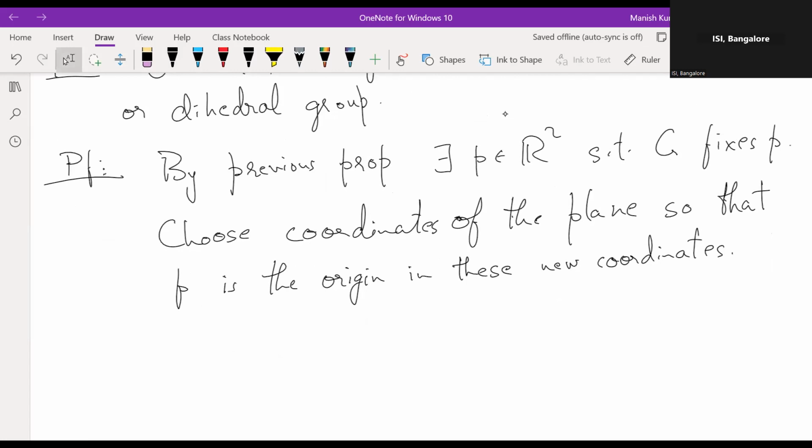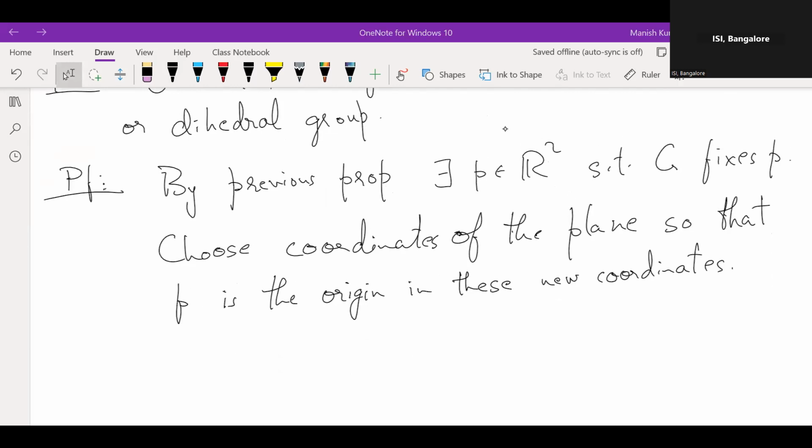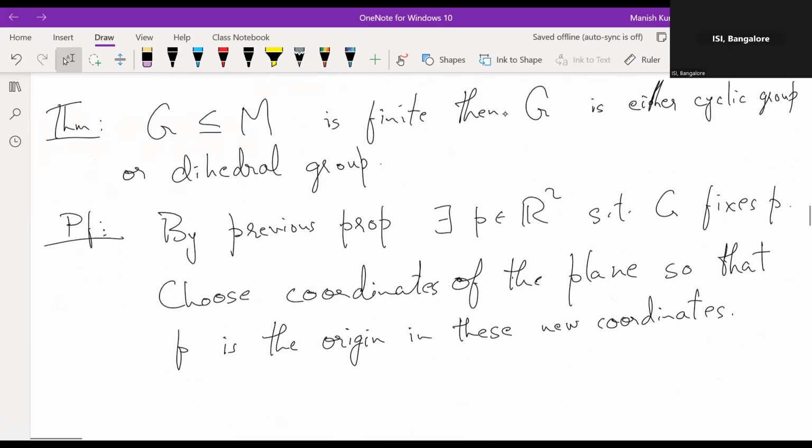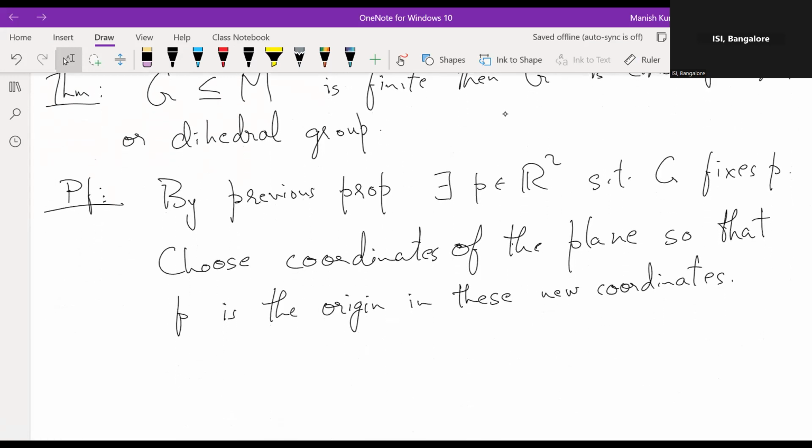Now what happens is G is a subgroup of M, but it fixes the origin.